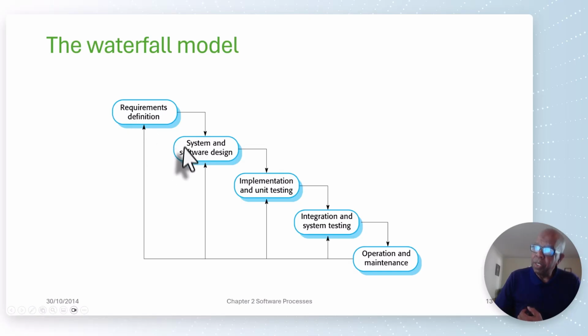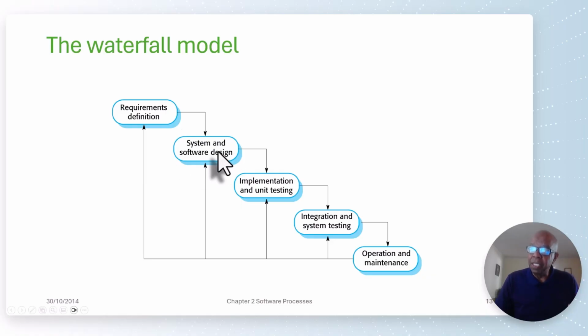These are stepping stones. I won't start the system and software design until the requirements are finished. I won't start implementation and unit testing till system and software design is finished. I plan this out, I work it. When I come out of requirements, I have all the requirements I needed in order to build the system.